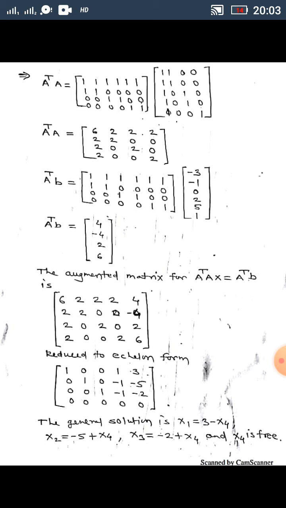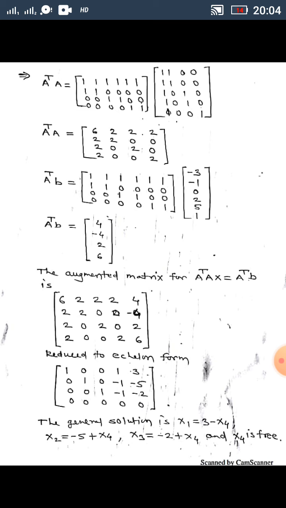Minus 3 into 1, minus 3, minus 1 into 1, that is minus 1, 1 into 0, 0, 2 into 1, 2, 5 into 1, 5, 1 into 1, 1. So 2 plus 5 plus 1, that is 8. 8 minus 1 is 7. 7 minus 3 is 4. So row to the column addition is 4.